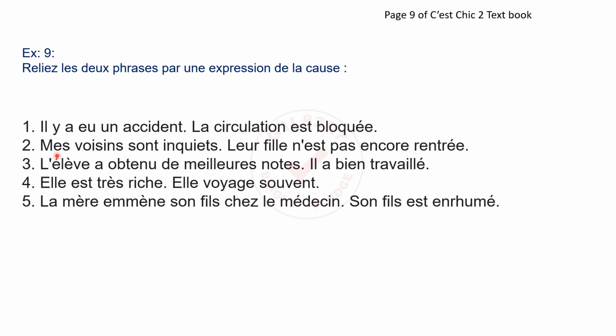Next one says, mes voisins sont inquiets, la fille n'est pas encore rentrée. Meaning, my neighbors are worried, their daughter has not come home yet. So here I'm going to use the expression because. So my neighbors are worried because their daughter hasn't come home yet.